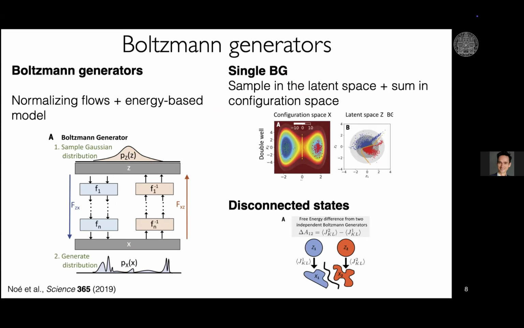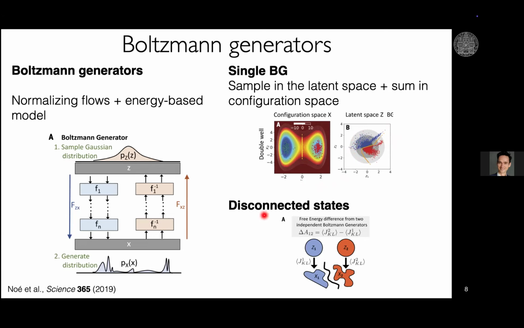There are two ways that free energy calculations were made in that paper, if I understand correctly. One was relatively straightforward: you sample your latent space, transform back into your data distribution, simply count which side you're on, and measure the size of your distribution, and this gives you a free energy difference.